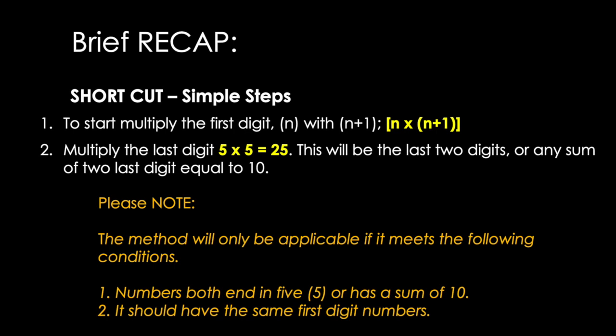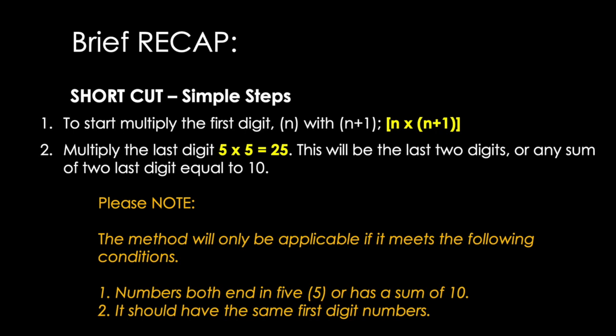That will be our first two digits. And then multiply the last digits 5 times 5, which is 25, and this will be the last two digits. The same applies to any last two digits whose sum is equal to 10.